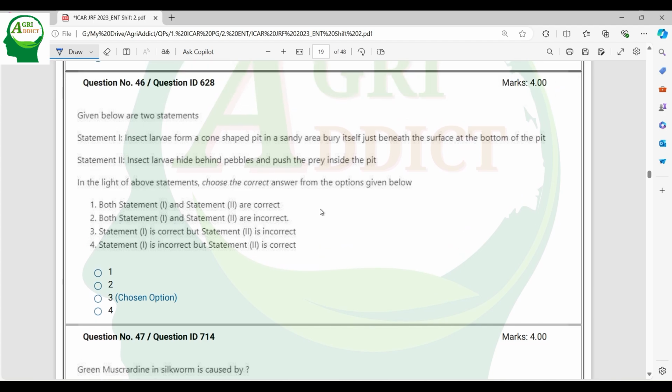Next question is, statement 1: insect larva forms a cone-shaped pit in a sandy area and buries itself just beneath the surface at the bottom of the pit. And statement 2: insect larva hides behind the pebbles and pushes the prey inside the pit. No, this is wrong. Statement 1 is correct, and this is done by the antlions.